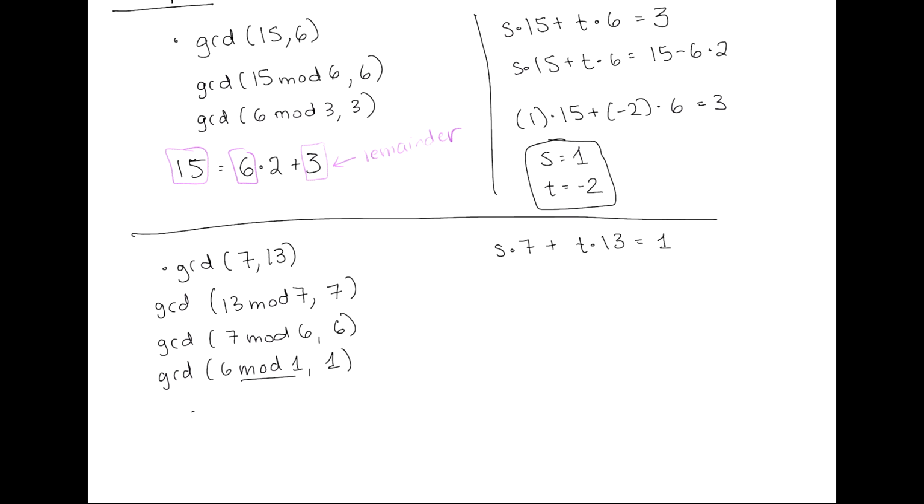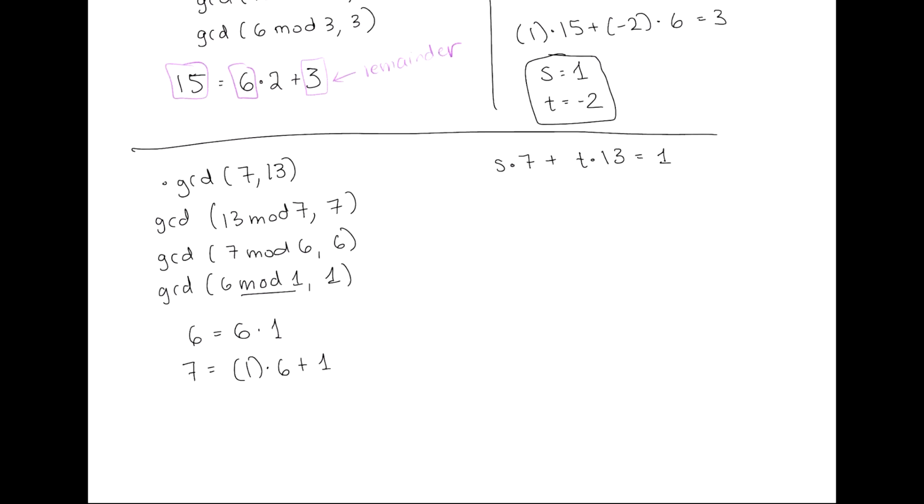Here is the place that I have that mod 1. So I know that 6 is just equal to 6 times 1. And then I have that 7 is going to be equal to 1 times 6 plus 1. All right, we're still not quite there yet because I don't have 13, but 13 is equal to 7 times 1 plus 6.